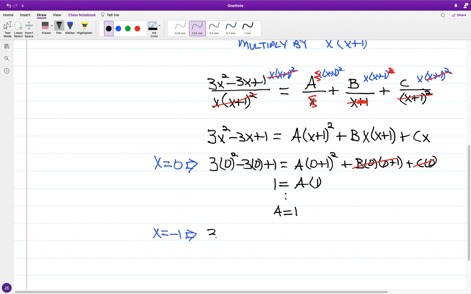And taking what we have here, I have 3 times the square of negative 1 minus 3 times negative 1, followed by the addition of 1.